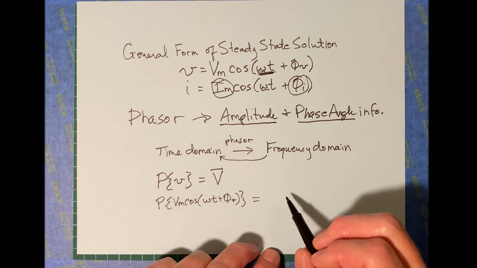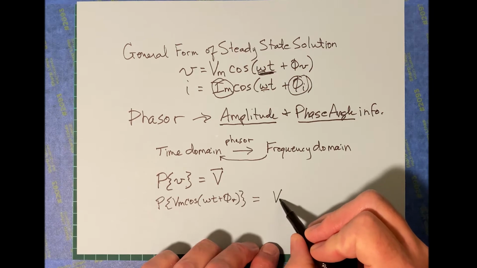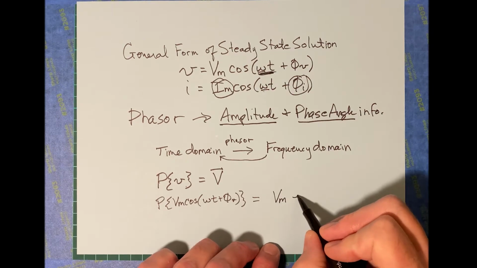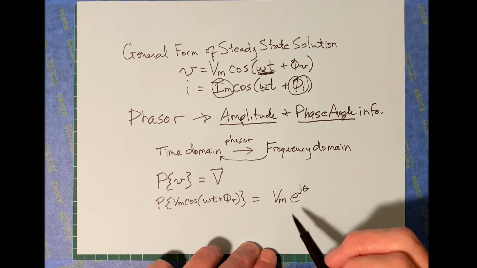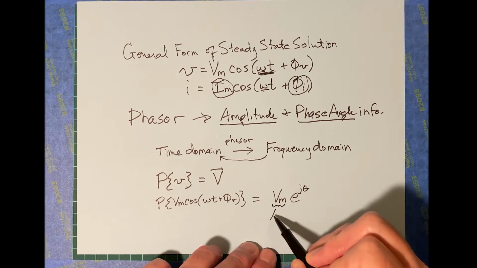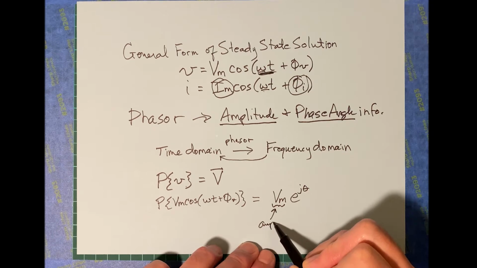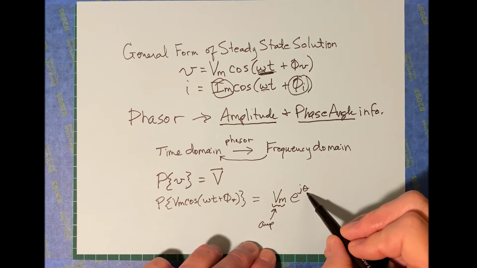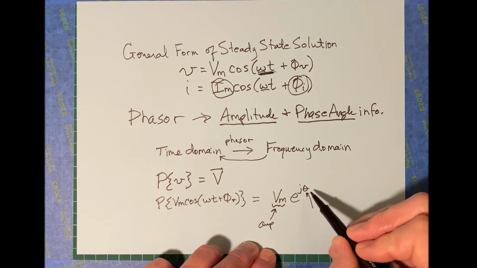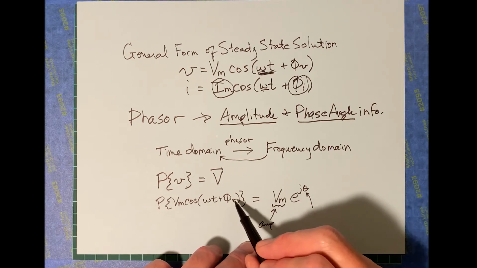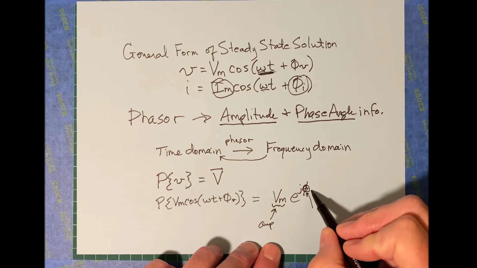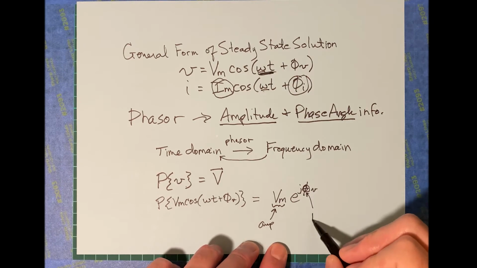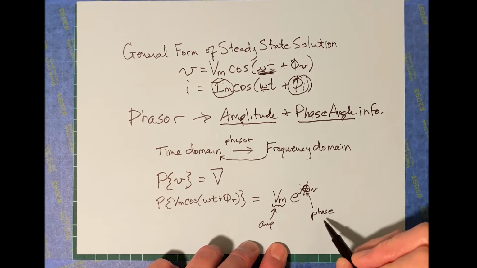It comes about this way. V sub m times e to the j theta. This is the amplitude. So that's the amplitude. This, and I noticed the notation change here, that was a mistake on my part. This should be phi sub v. This is the phase angle.